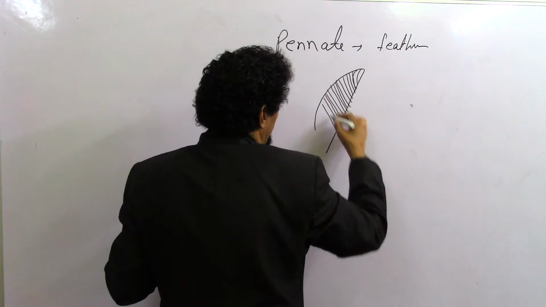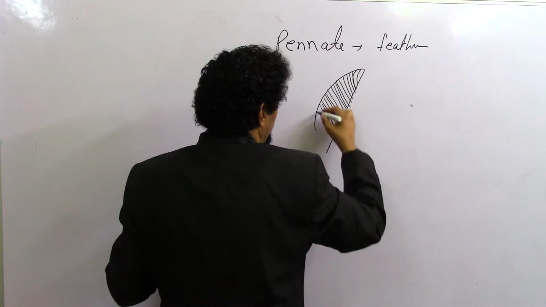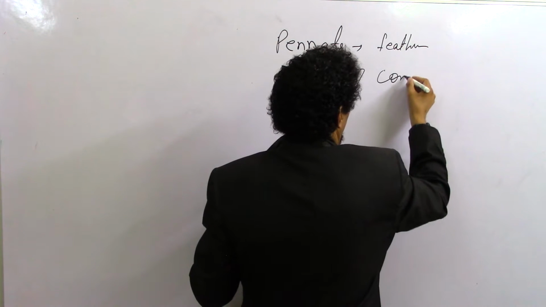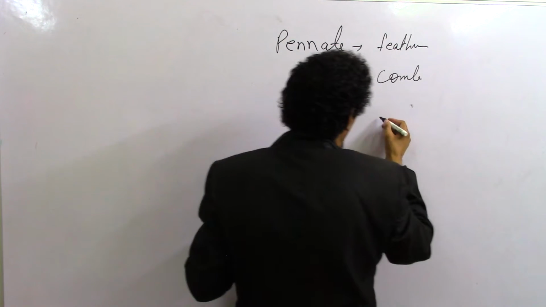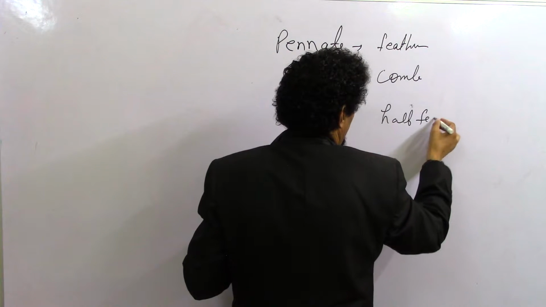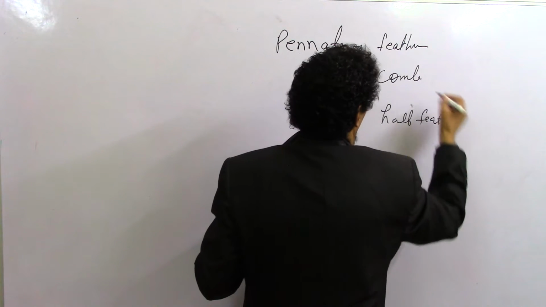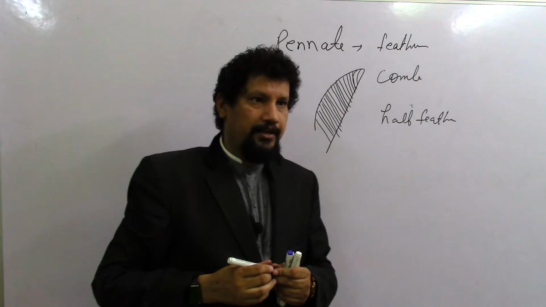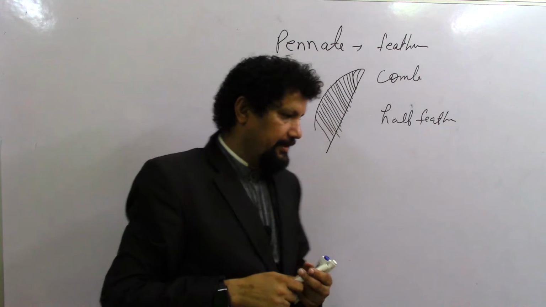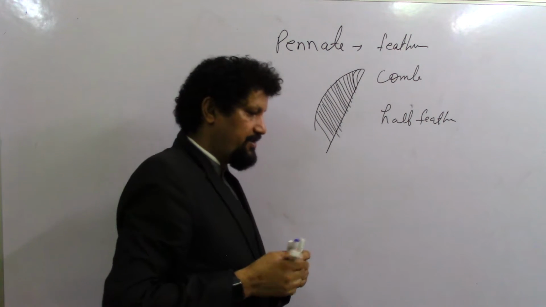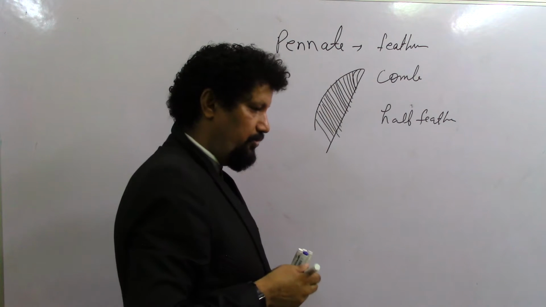This is the comb-like pattern or the half feather. This is the unipinnate type of pattern, and this type of pattern is seen in the extensor digitorum longus muscle.